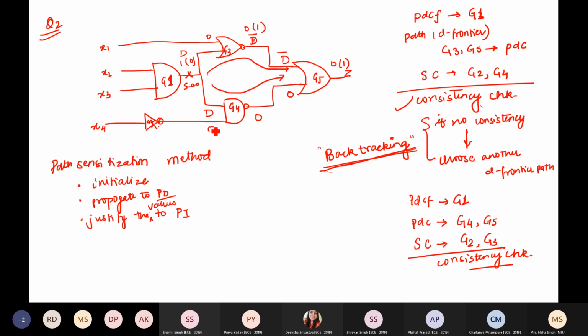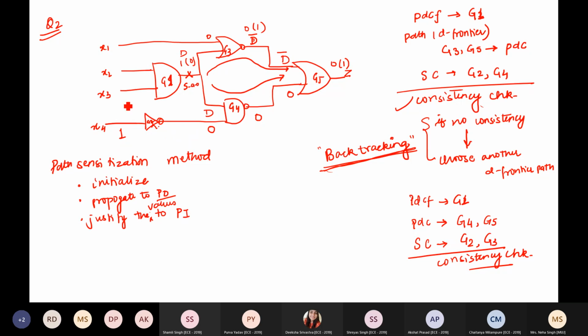So the other input of this AND gate should be put equal to 0, so that irrespective of the value here, the output is always equal to 0. Further moving towards primary input X4, if the output of the NOT gate is required to be 0, it is justified only when the input is put equal to 1. Hence, X4 equal to 1. You have to write all this; if you only write it on the graph, I will not give you marks.